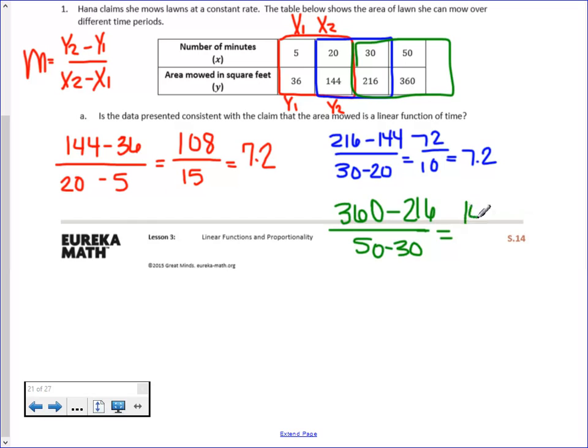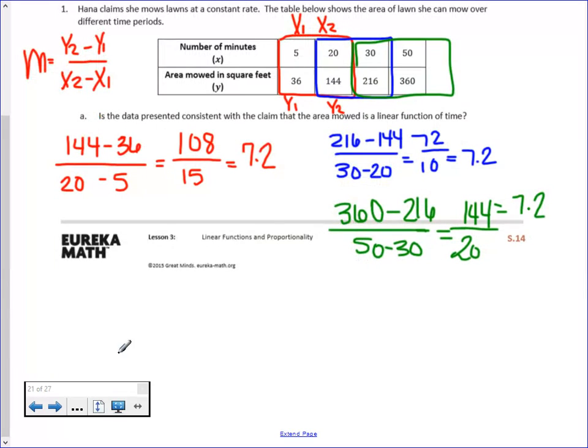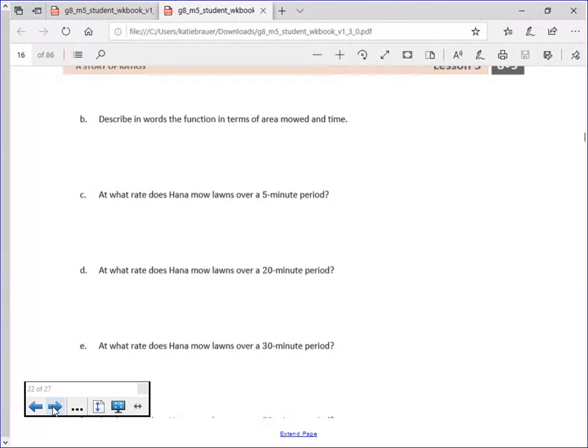And if you divide, you still get what? 7.2. Okay, so I think we honestly just did the problems that we were supposed to do on B, C, and D. But we describe in function, so we're going to do A together, or sorry, B together.